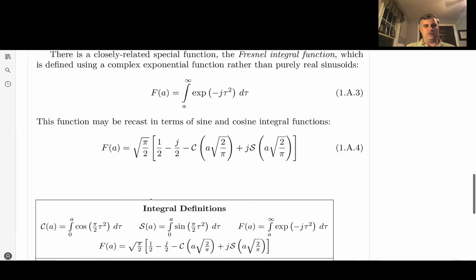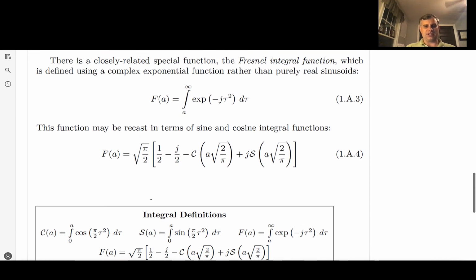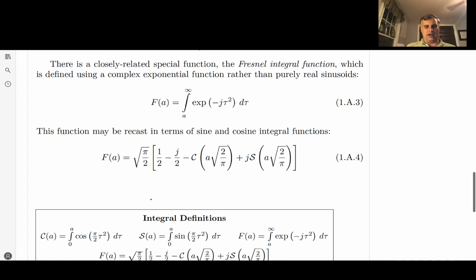Now, you may see an alternate way of expressing these solutions as something called just a Fresnel integral function, which is defined with a complex exponential. It's almost identical, except for two issues.